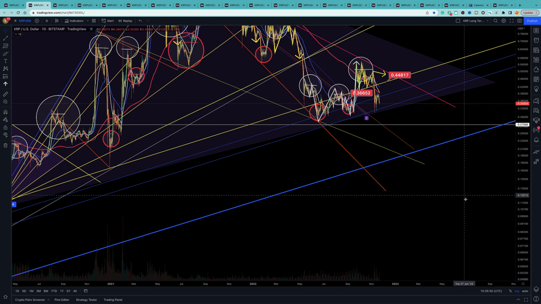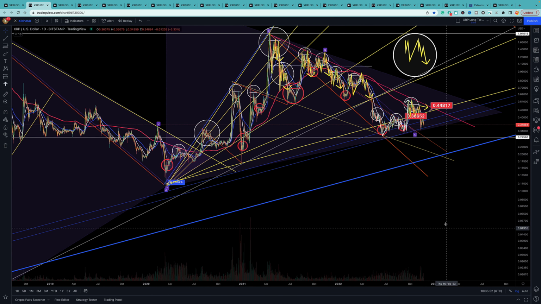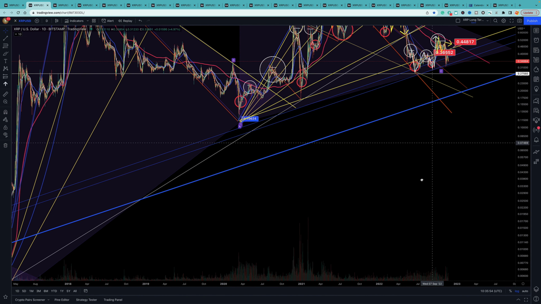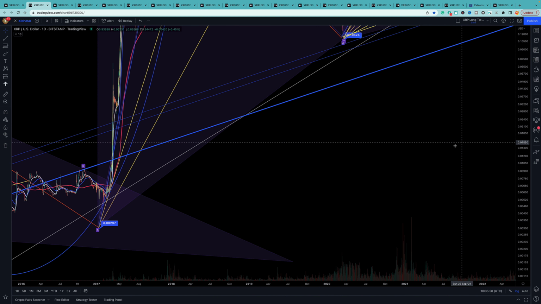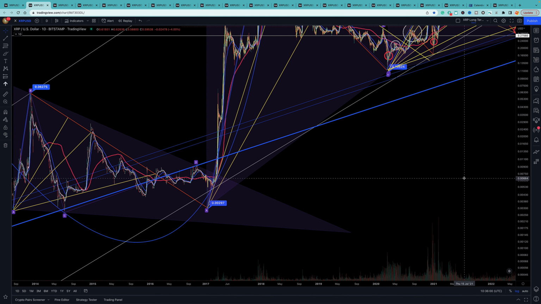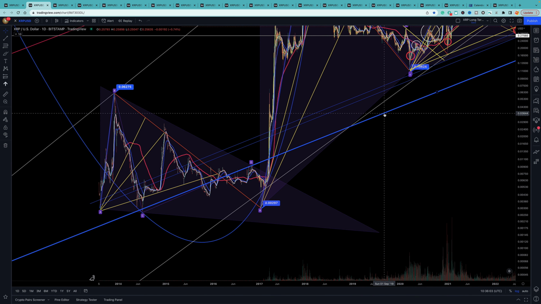So now this blue line is just to show you the history of it. This thick blue line here, as you can see, here's the bottom of the first bear market.